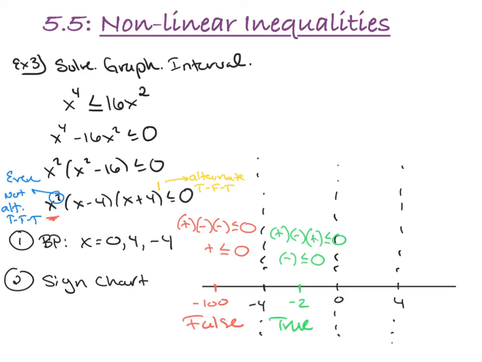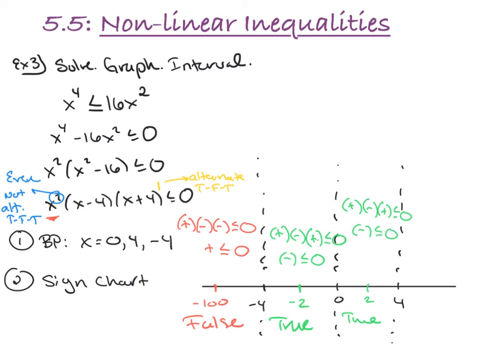So this should be true again. And sure enough, say we plug in x equals 2. Anything squared is always going to be positive. 2 minus 4 is certainly negative, and 2 plus 4 is positive. That is definitely going to be less than or equal to 0. So we definitely get a true.